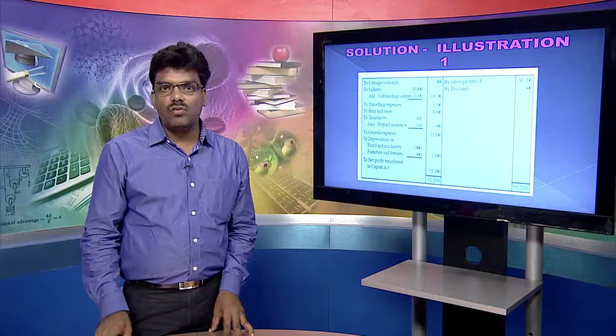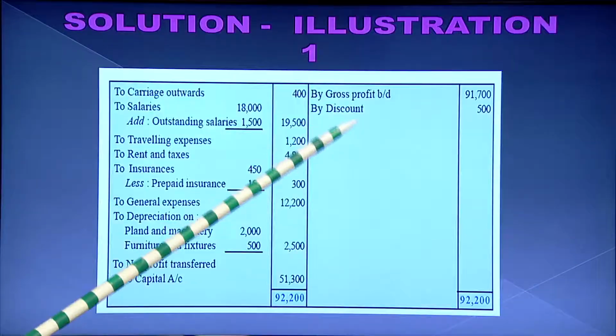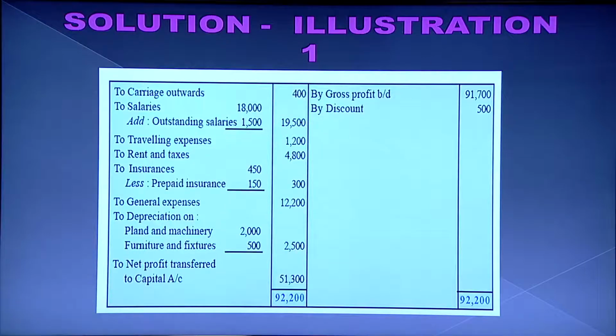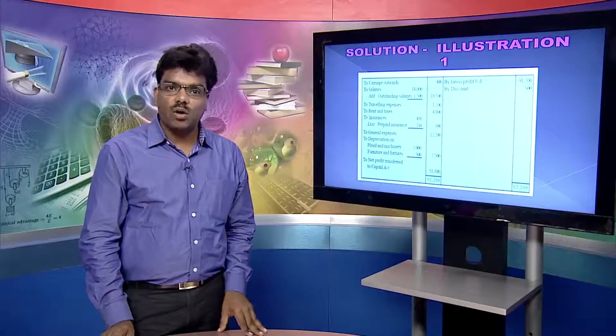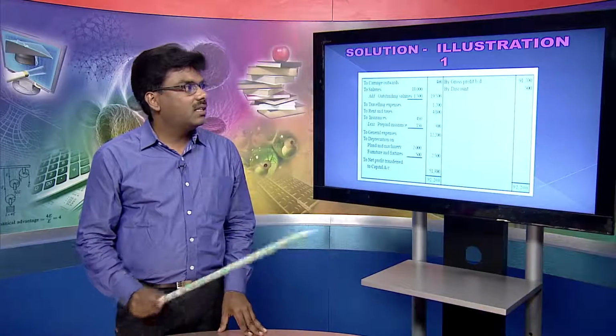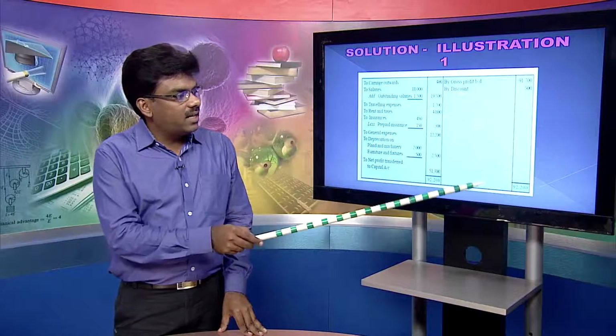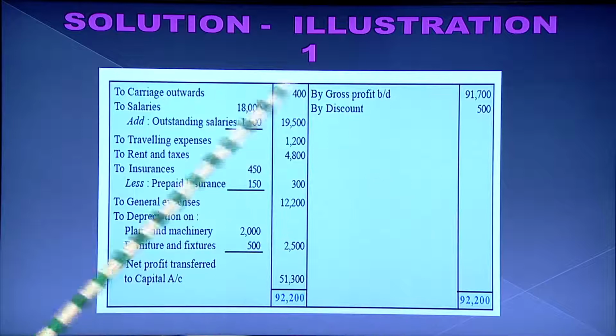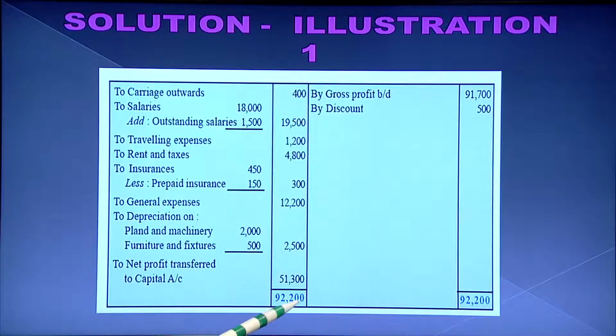So, that amount will be written on the credit side of the profit and loss account, that is here, by discount 500. Now, we have to see which total is greater, either debit side or credit side. If we see in the question, our credit side is 92,200. So, we write the total 92,200 here, and also we will write 92,200 here. Then we will deduct all the indirect expenses from this, and 51,300, this is our net profit.